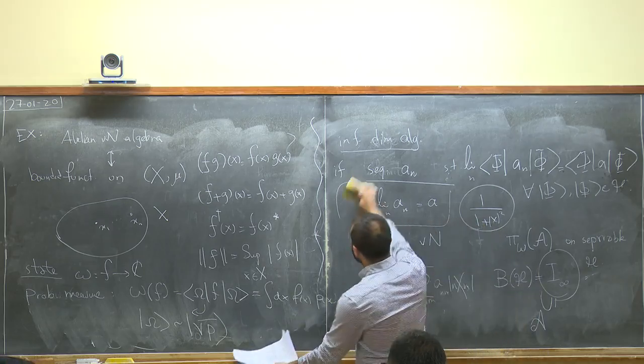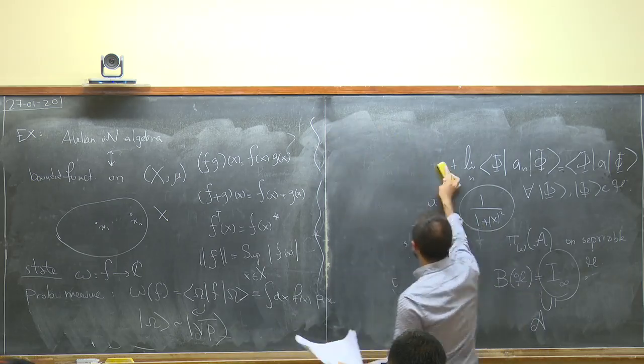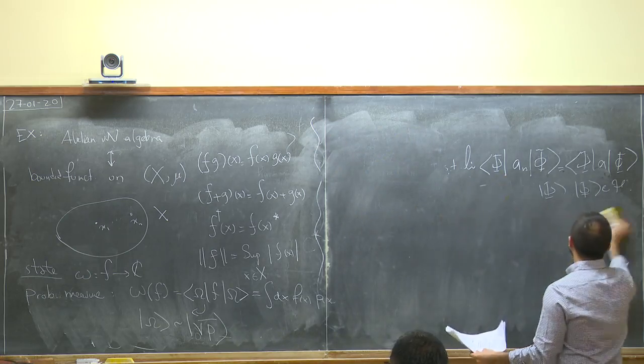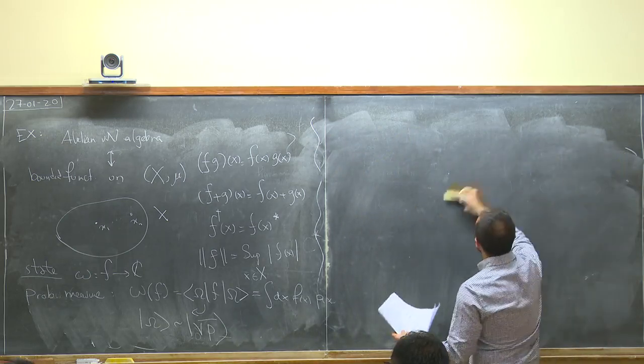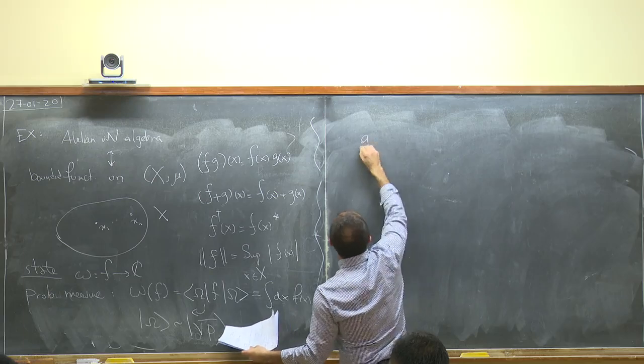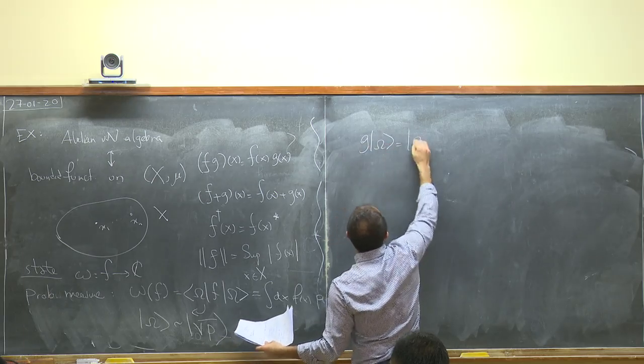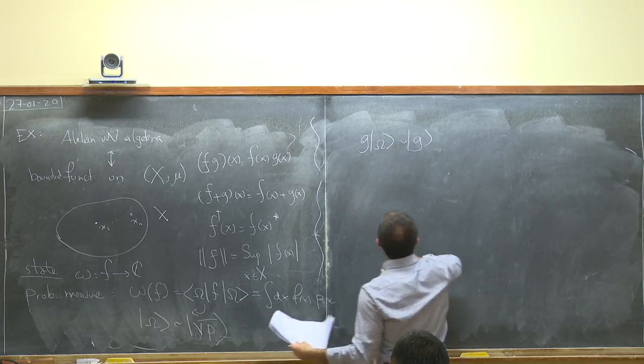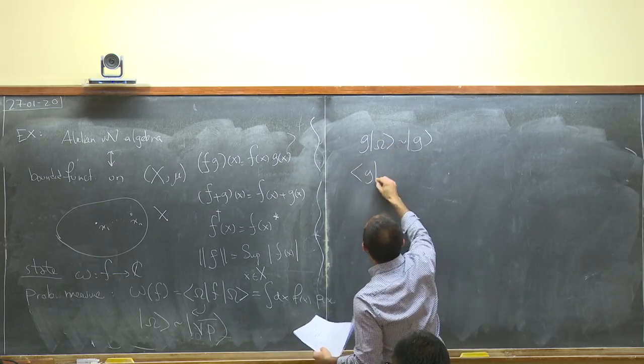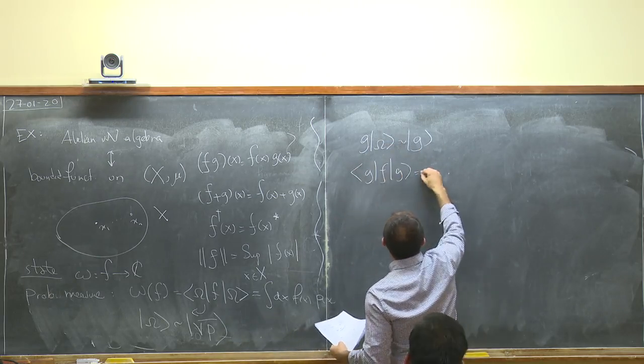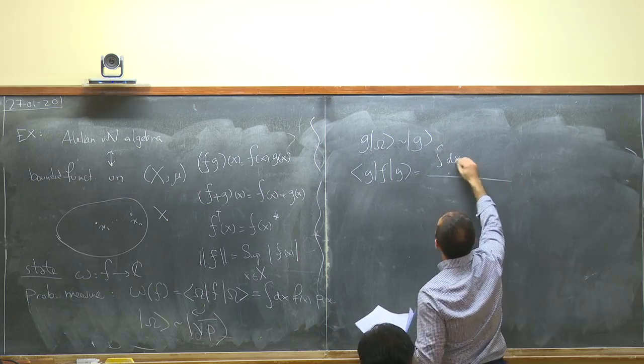Now, this is one state. Where are the other states? The other states are, as I described, you take one of these vectors, you act with some function on it, you normalize it, and you get an excited state. In this excited state, the expectation values are defined in the following way.